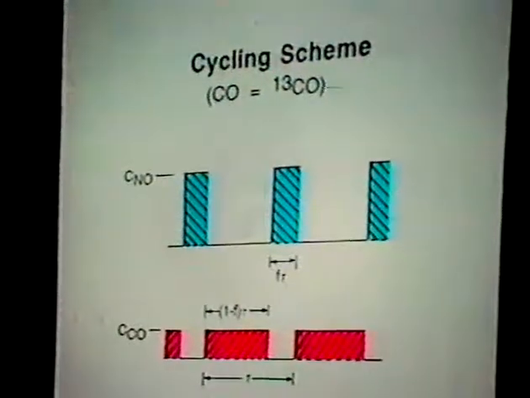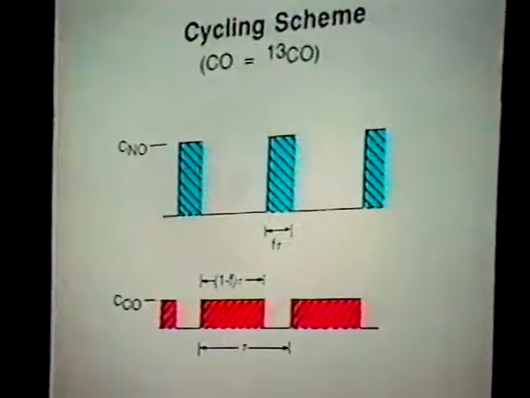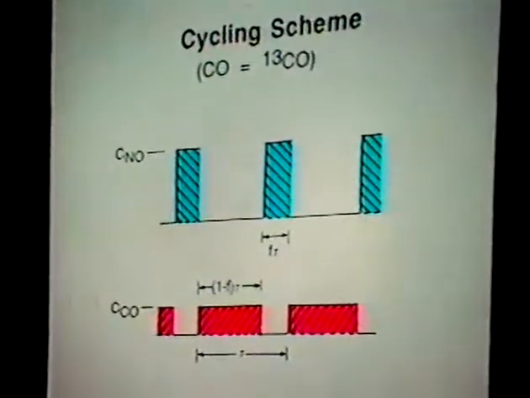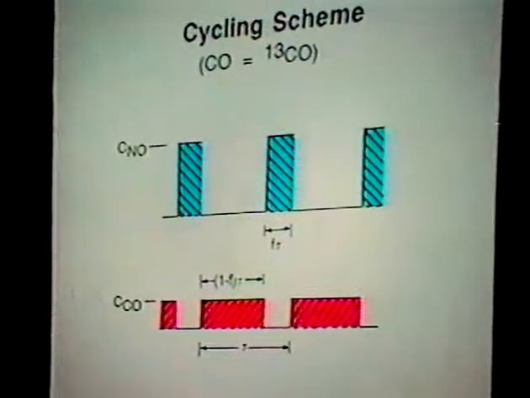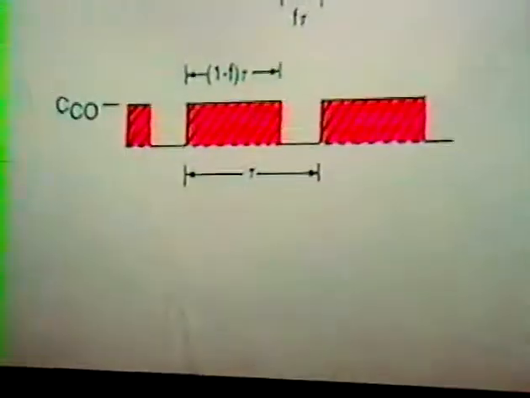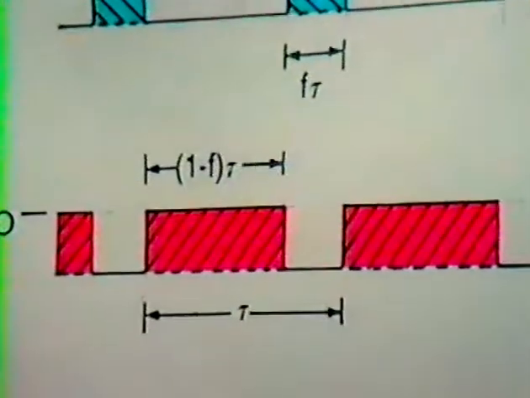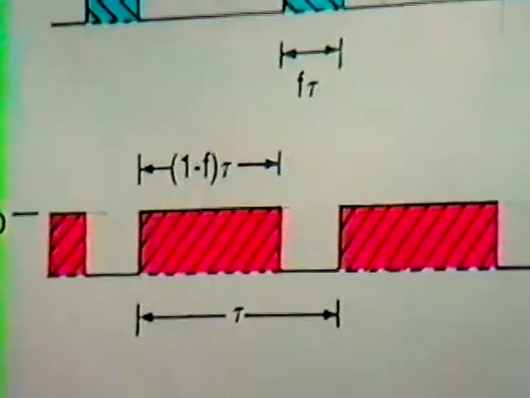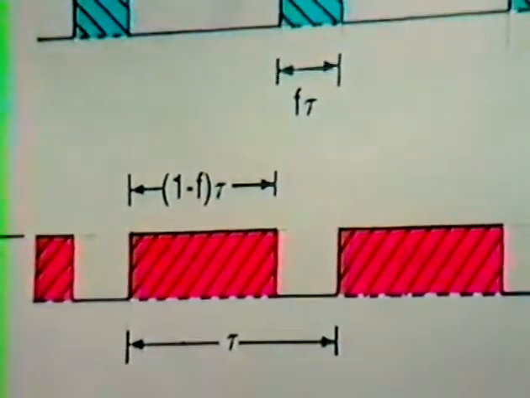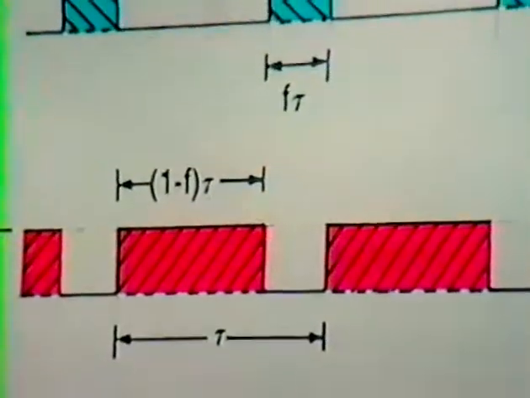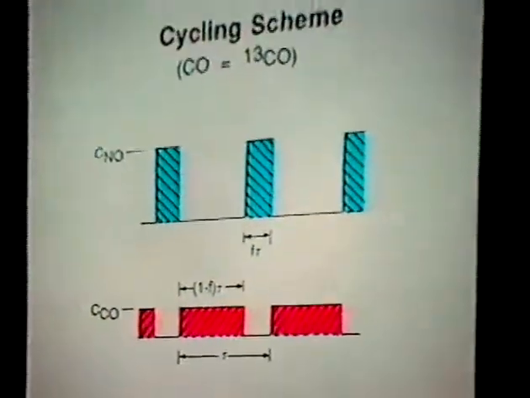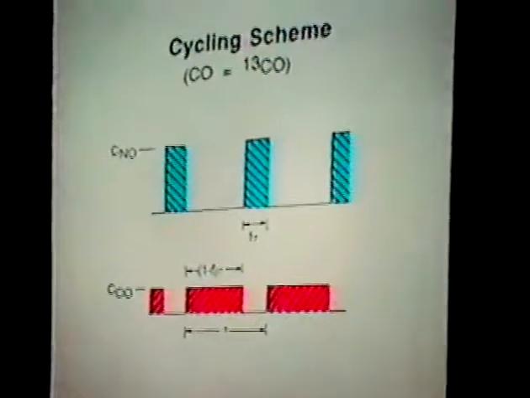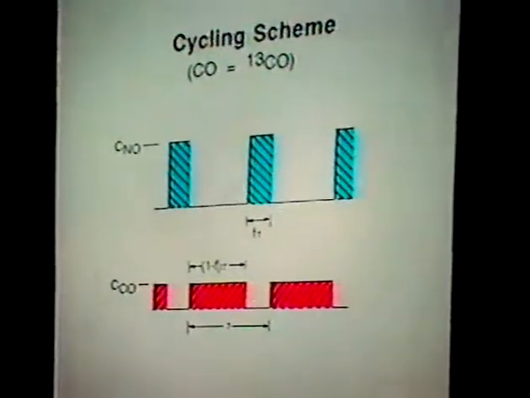The cycling scheme we used in this study is as follows. Separate nitric oxide and carbon monoxide pulses, not their mixtures, were introduced to the reactor in a square pulse like this, and C13 carbon monoxide was used to separate nitrous oxide from carbon dioxide in the mass spectrometer analysis.